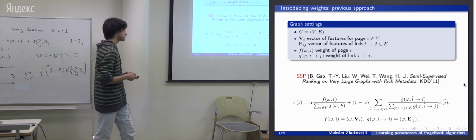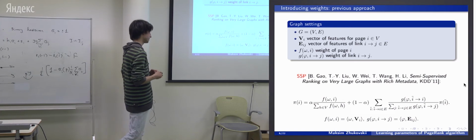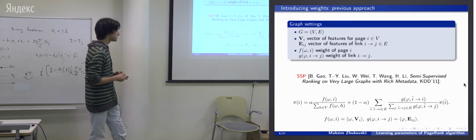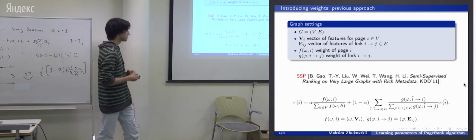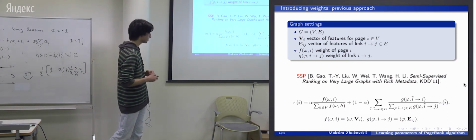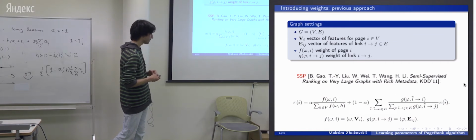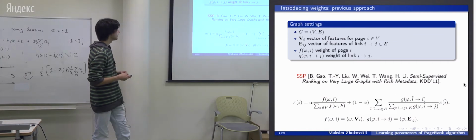The weight f of page i is just a linear combination of its features, and for a link we define a weight in the same way.